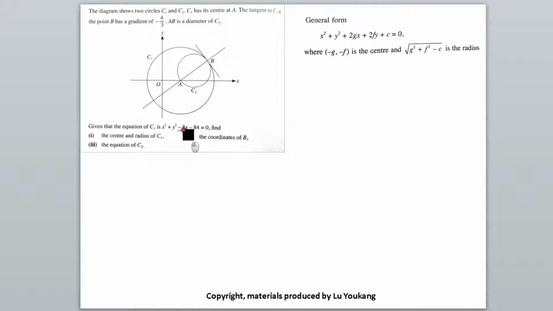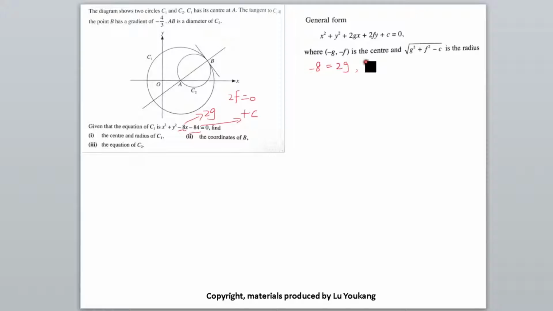This chapter has a lot of new concepts. Once again, the general equation is on the right, and we have the equation of C1 given. Let's compare the terms to find out what is our g, what is our f, what's our c.